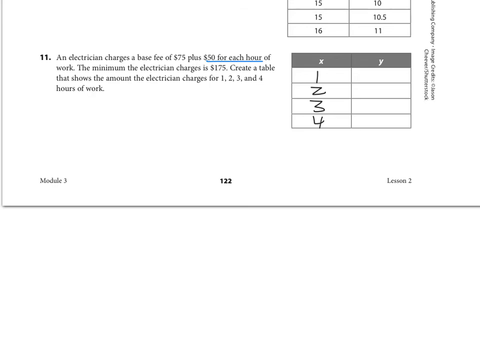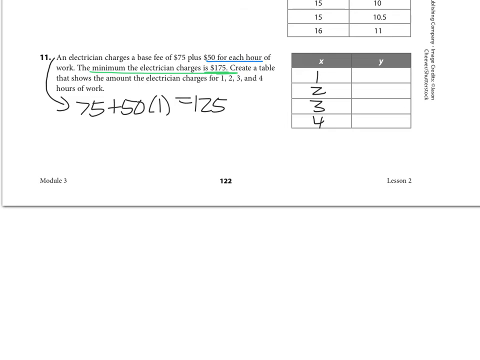Okay, so what does the electrician charge for 1 hour? Well, if we used this original sentence, we might think it's 75 plus 50 times 1. That would be the formula, and that would be 125. The problem is, in this problem, it says the minimum the electrician charges is 175.